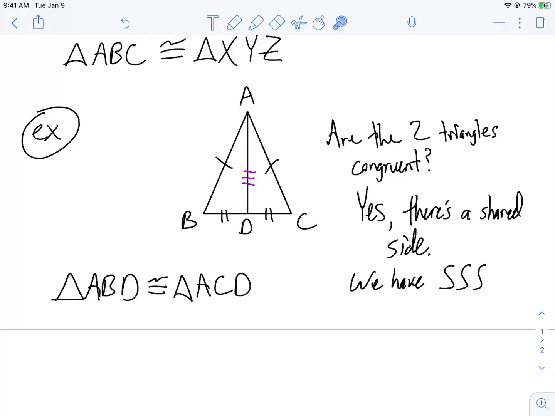And the reason why is there's this shared side. If we split these two triangles apart at that side, it would be the same length. So when we have shared sides, they are the same length, they're congruent.